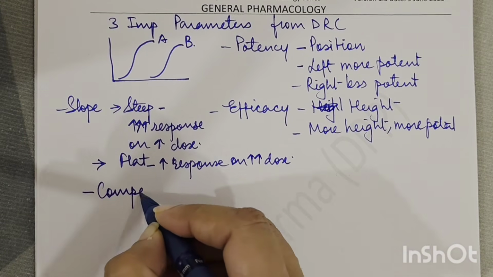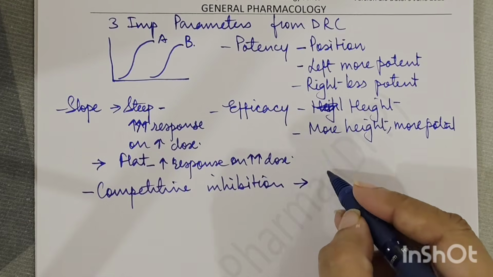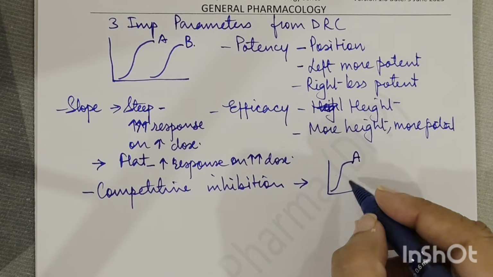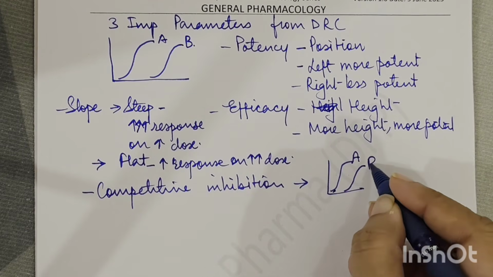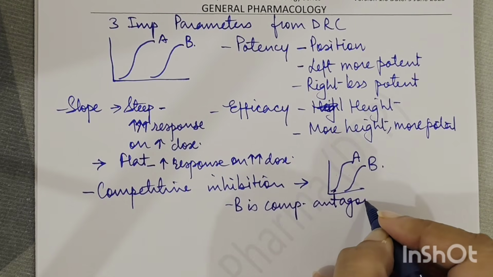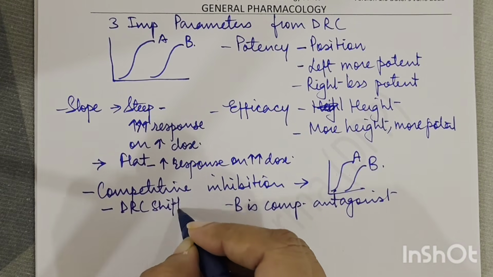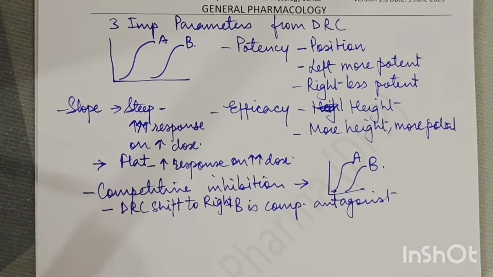Now here itself I will tell you about competitive inhibition. Suppose drug A is alone and then drug B is this. So here B is a competitive antagonist. The curve shifts. In competitive antagonism the DRC shifts to the right. Okay, remember this.